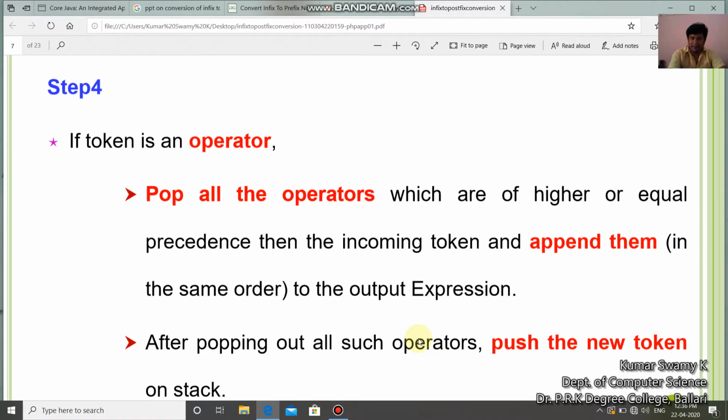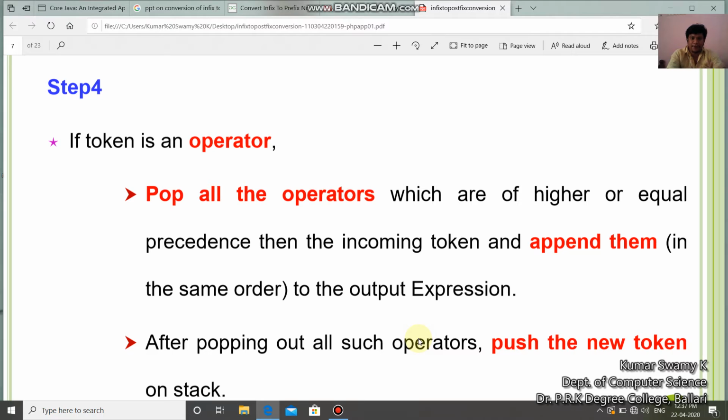While you are visiting from left to right, if you come across an operator, then pop all the operators which are of higher or equal precedence, as we discussed in yesterday's session, that is in the previous video lecture, on the precedence of operators.